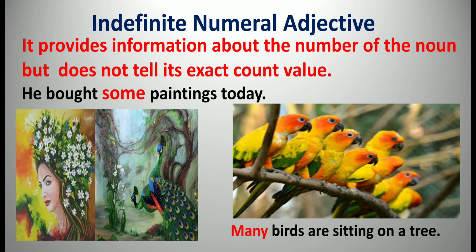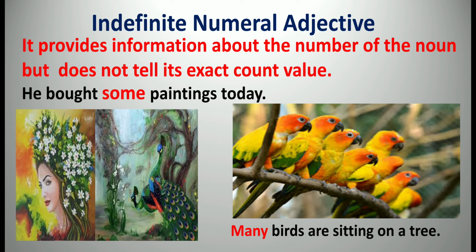The second kind, that is indefinite numeral adjective, provides information about the number or amount of the noun, but does not tell its exact count value. For example, he bought some paintings today. And the next one, many birds are sitting on a tree.